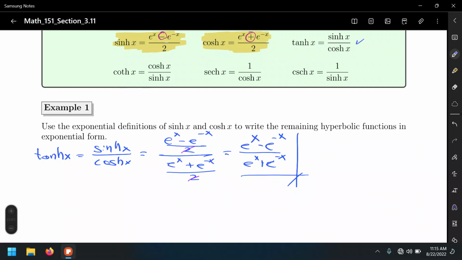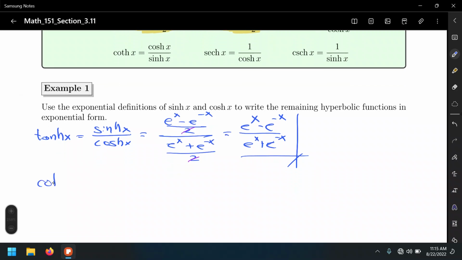Let's look at the coth function. And in this case, what do we have? Well, we don't need to write cosh over sinh. I mean, if you want to write it down, that's fine. But to save some work here, how about we just use the idea that the cotangent is the reciprocal of tangent.